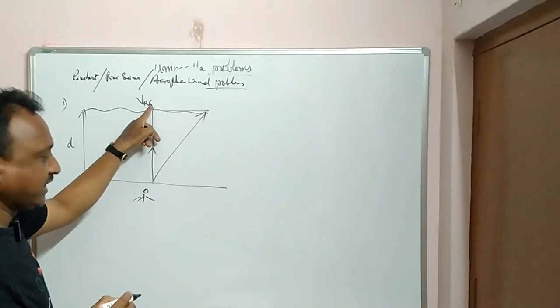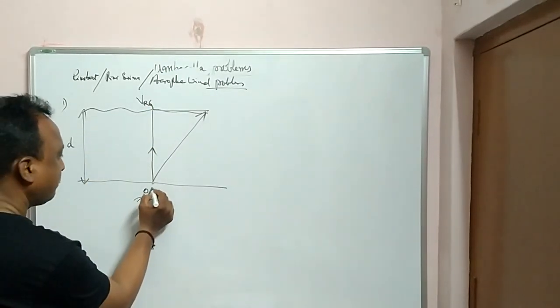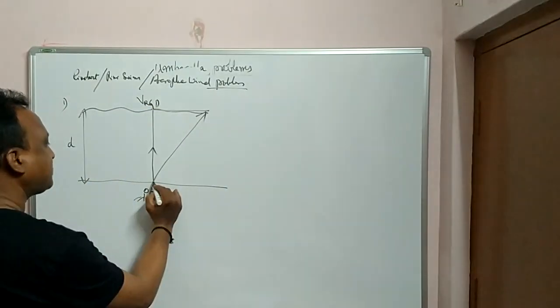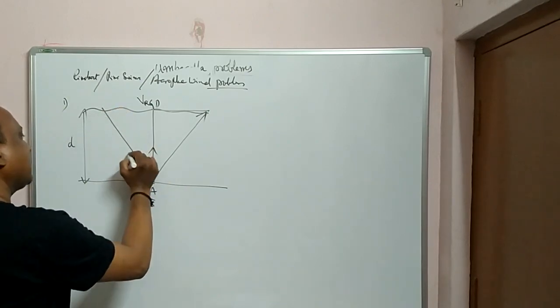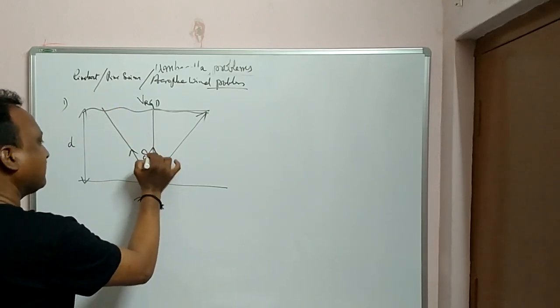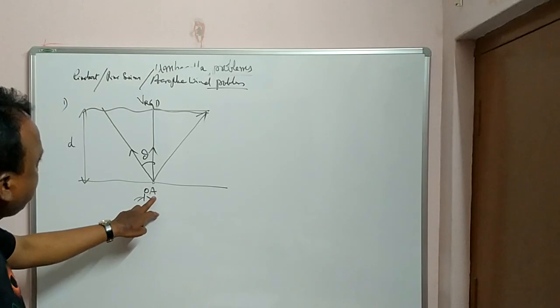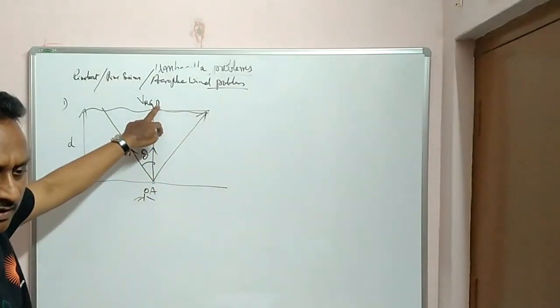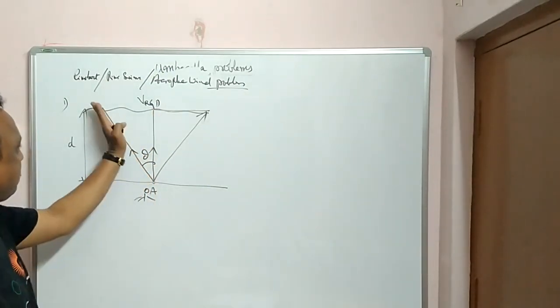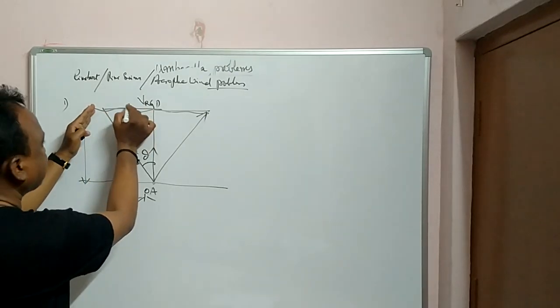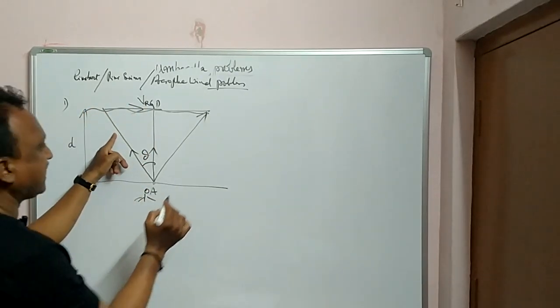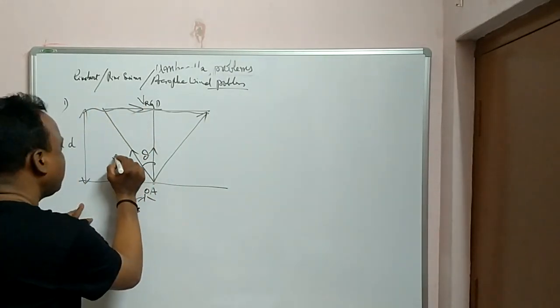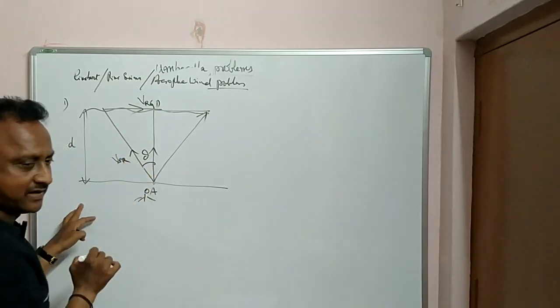So if you want to reach point B directly from A, he has to go in this direction at an angle theta, because the river will be drifting in this direction. This is the velocity of the swimmer with respect to river.